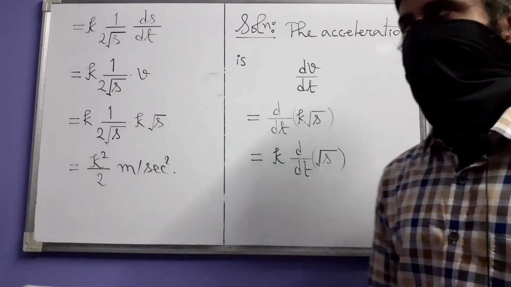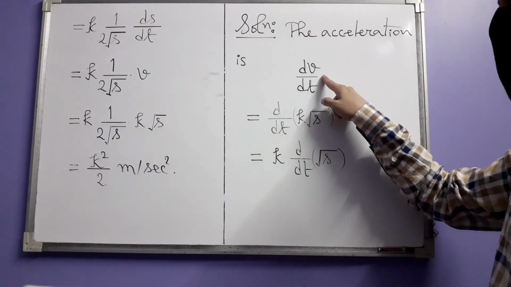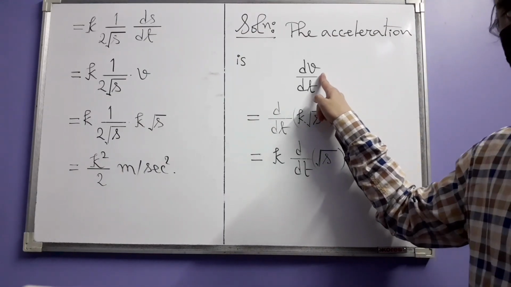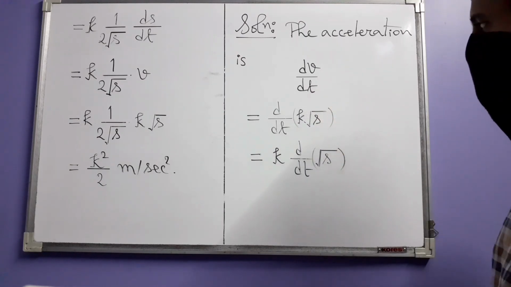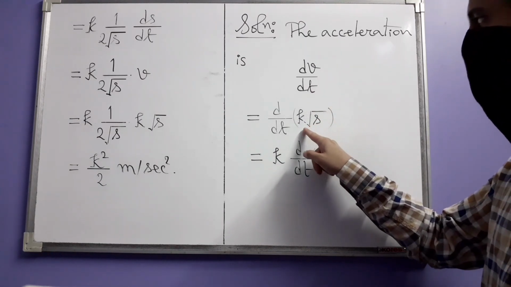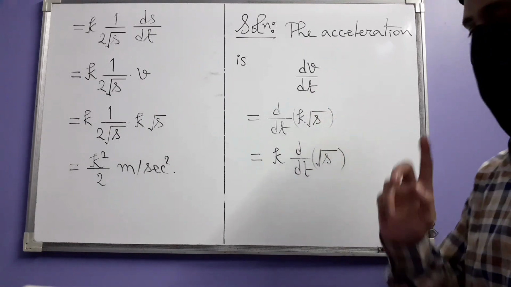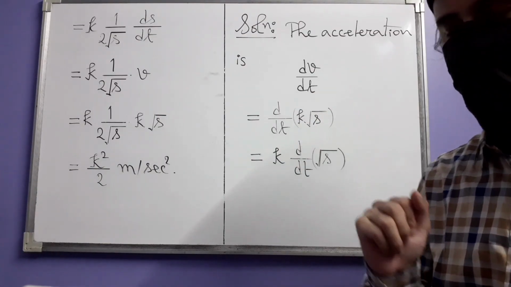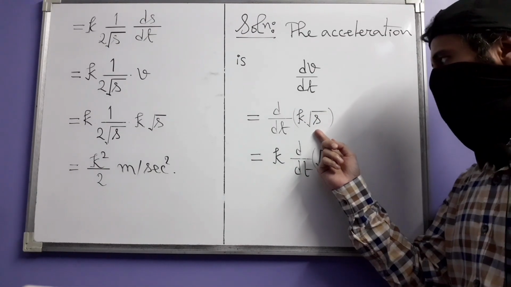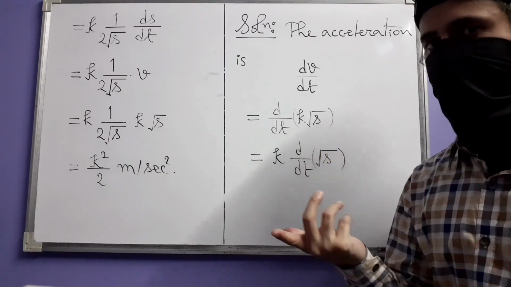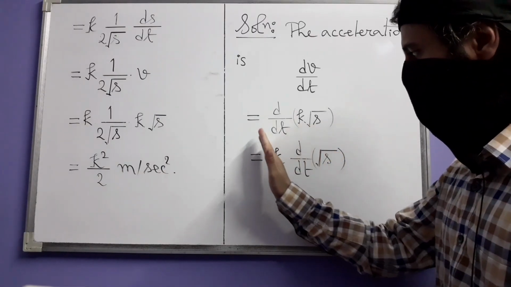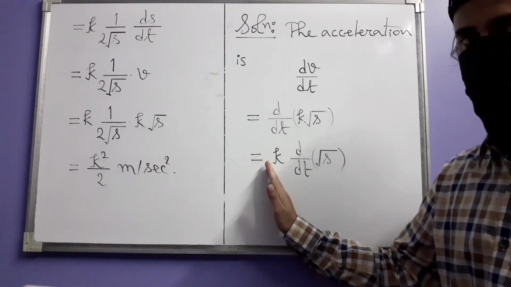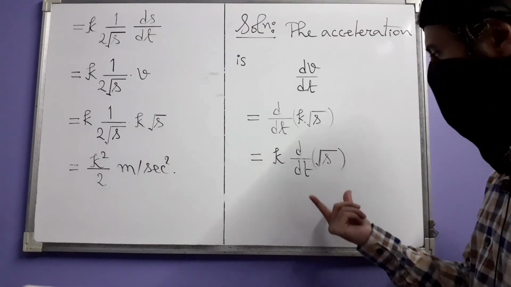So we just start straight away with the acceleration, which is the rate of change of velocity with respect to time of course, and this is your velocity, k times square root of s, where s is the distance the body has fallen, and k is first of all constant, so it comes out of the differentiation process by the constant multiple rule.